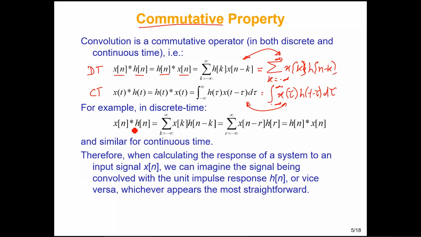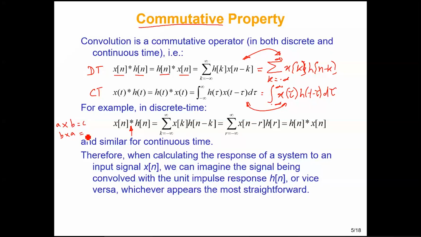This convolution operator, we call this an operator, has this commutative property. An interesting thing to notice is that this convolution operator obeys the same properties as your multiplication operator. Either we can multiply a with b or we can multiply b with a, and it will give us the same result.